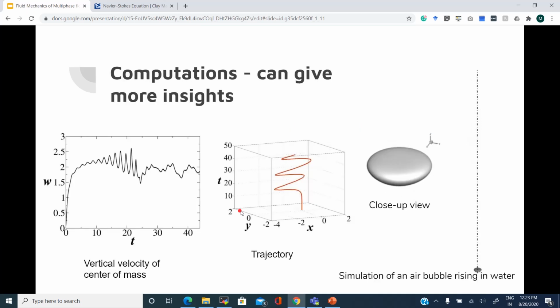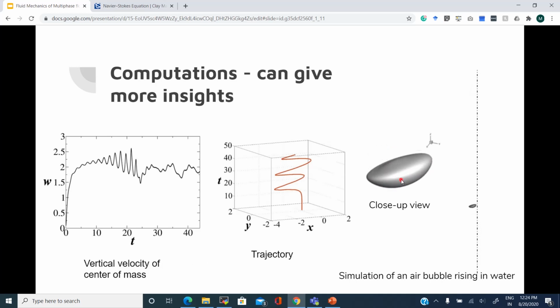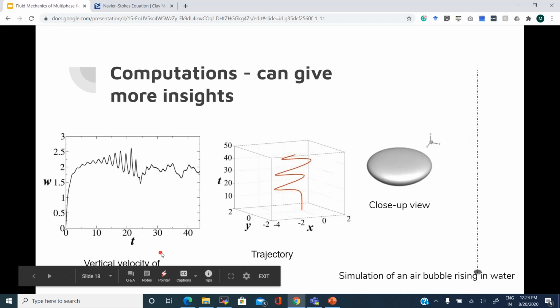Computations are more and more common these days. You get a detailed picture of what is happening. Here, for example, this is a bubble rising in water. This is an air bubble. You can see the zigzag path of this bubble, and you can see the close-up view of the surface of the bubble, the oscillations with time, very clearly. This is the trajectory that I have plotted here, and this is the vertical velocity oscillations with time, oscillations of the vertical velocity of the center of mass.